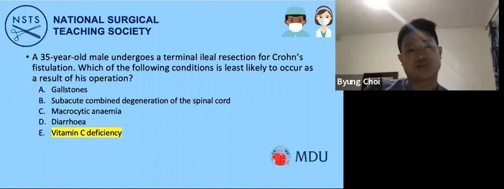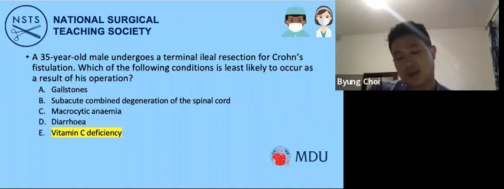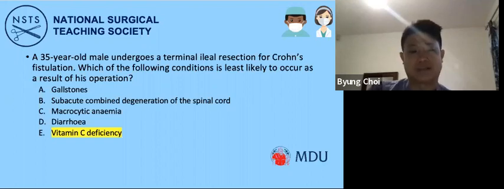Going through some of the options, B and C are almost linked with each other. The key is the lack of vitamin B12 that will be taken up, because intrinsic factor, which is important for vitamin B12, is absorbed or reabsorbed in the terminal ileum.